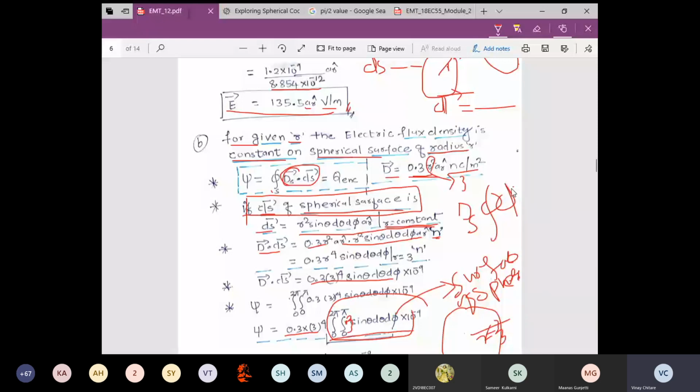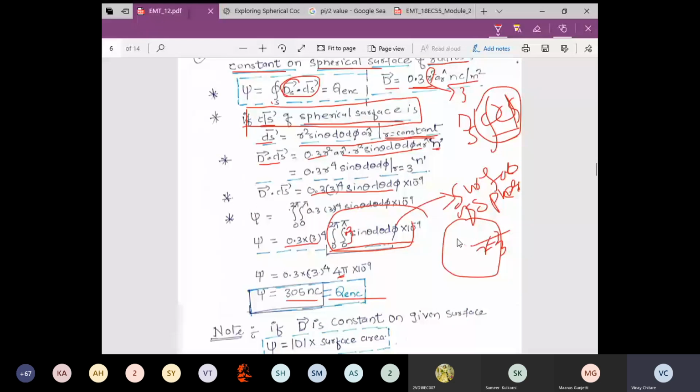That is nothing but the surface area of a sphere, and you just multiply Ds with the surface area to obtain the final answer. You can follow this method, or the other method I said just now. This is true whenever D is constant on a given surface, or else we can't do that.